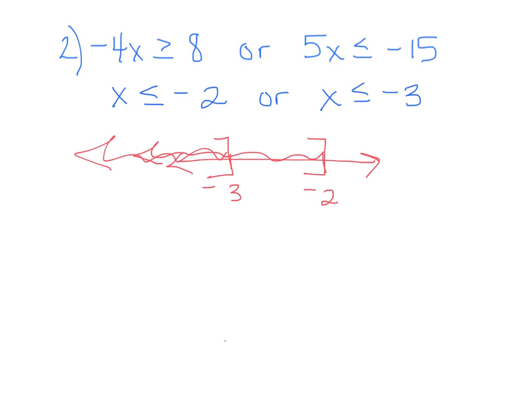If this was an AND inequality, we would only be concerned where they overlap, but it's not. It's an OR inequality. So we're going to take the entire graph as our answer, making my possible solution anything up to negative 2. So the set of numbers that would work in either of these graphs would be the set of numbers between negative infinity all the way up to negative 2. Remember, we don't care that the graph doesn't overlap.